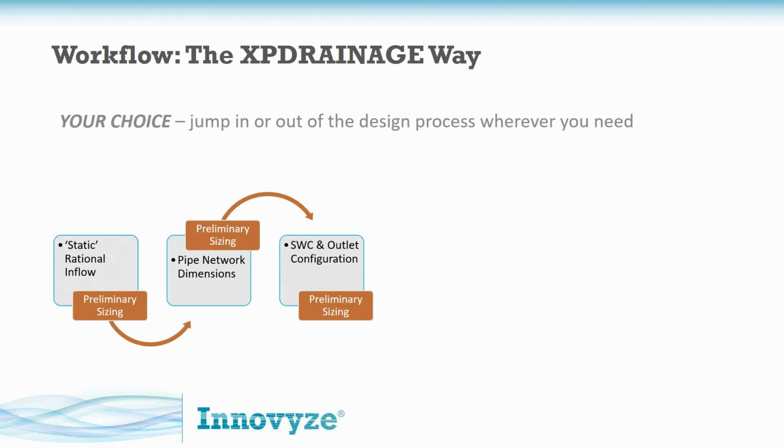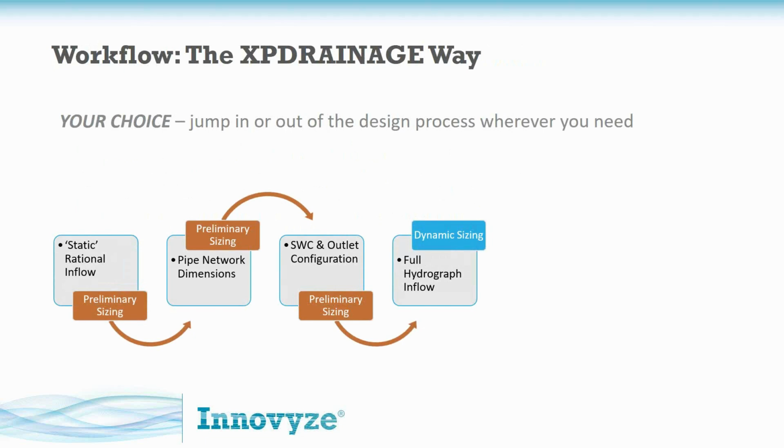All right, so it's more on the preliminary side, right? But we can get a really smart first answer to go with, and running a full analysis might change it, but we can get that first really good starting point for ponds and outlets. So that's all in the preliminary sizing world.